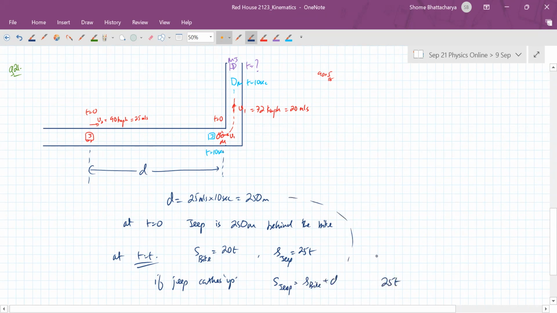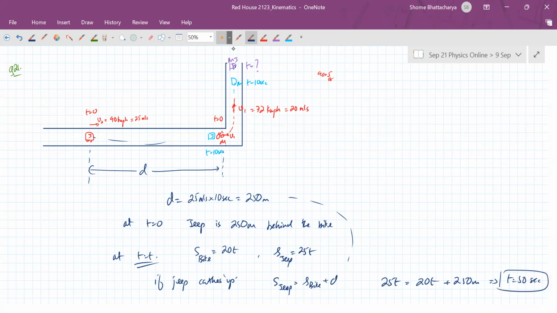So 25t, that is the distance from here to here, where they have caught up, should be equal to the distance from here to here, which is 20t, which the bike has traveled, plus an additional d, which we saw is 250 meters. So from here, you see that the time is 250 by 5 or 50 seconds. So they would catch up after 50 seconds.